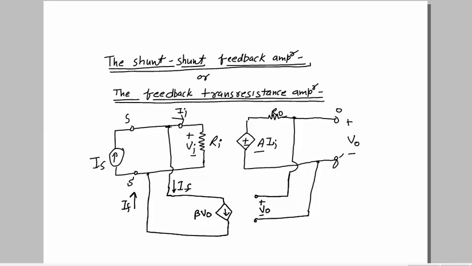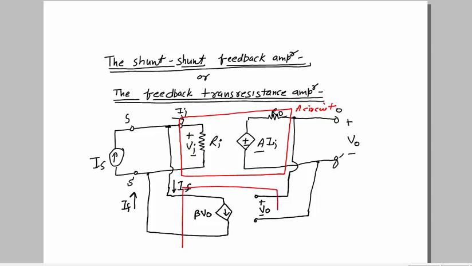Now this main amplifier circuit we call the A circuit, and this feedback network we call the beta circuit. The A circuit has an input resistance Ri, open circuit trans resistance A, and an output resistance R0.